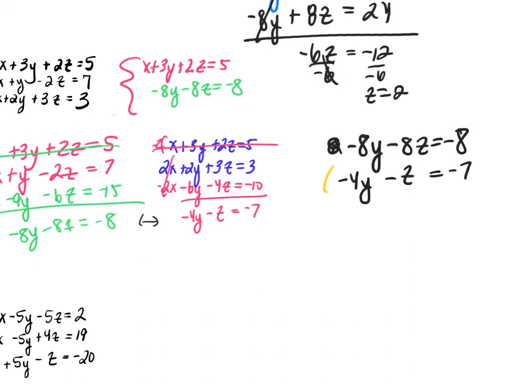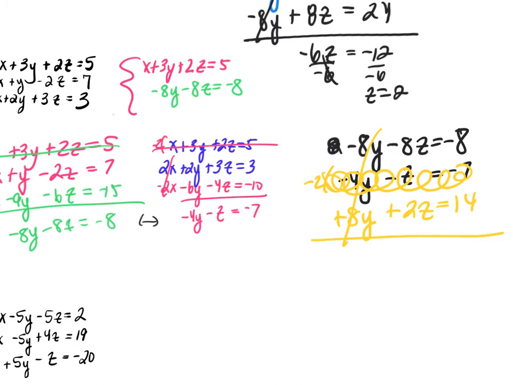So, negative 2. Okay, so I have positive 8y, positive 2z equals positive 14. Okay, so this middle one's gone. Now when I add down, what's negative 8 and positive 2? Negative 6z, I'm sorry, I divided.